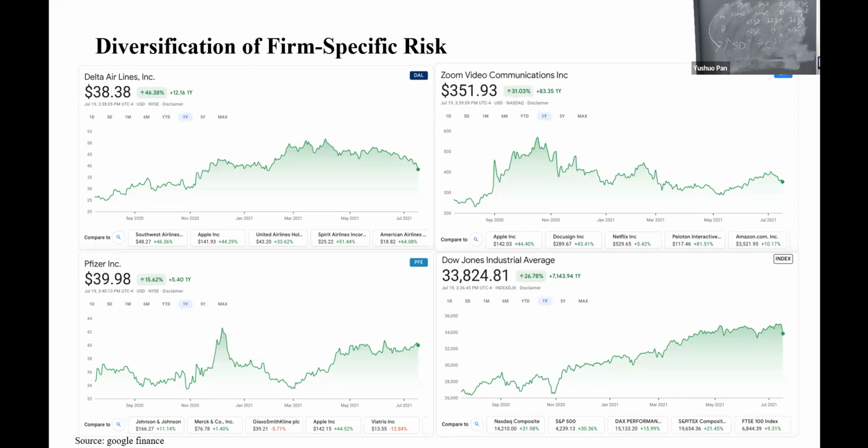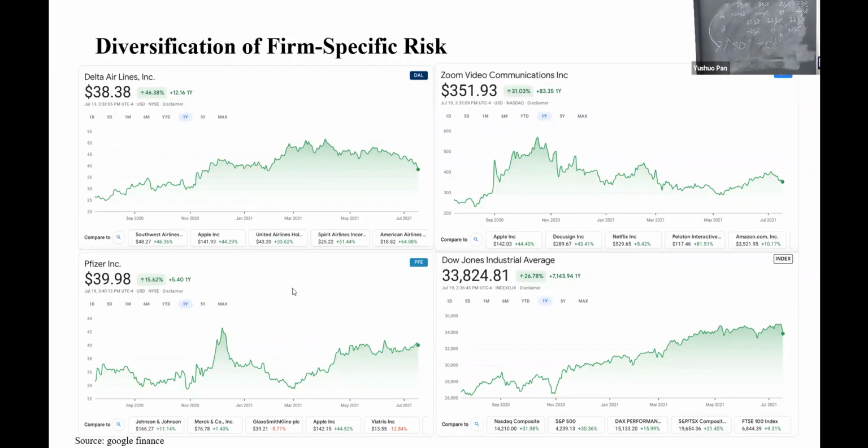So what's the definition of firm-specific risk? You can see during the same amount of time, from March of 2021 to today, the price for Pfizer almost increased, right? But at the same time, the price for Delta Airlines almost decreased.